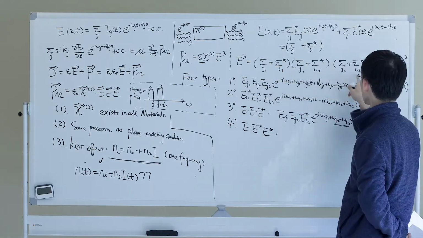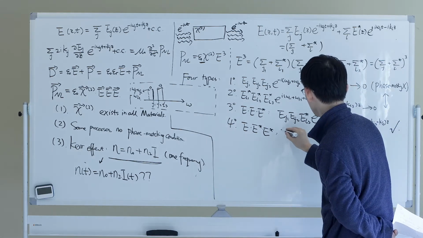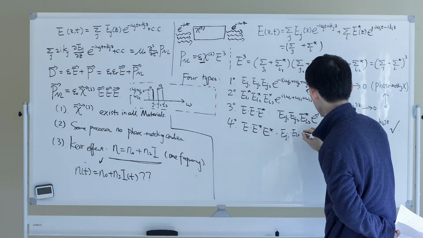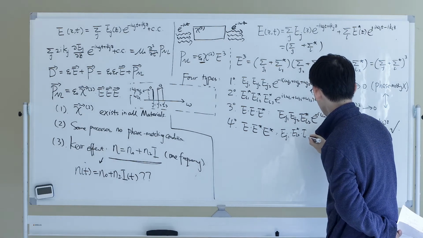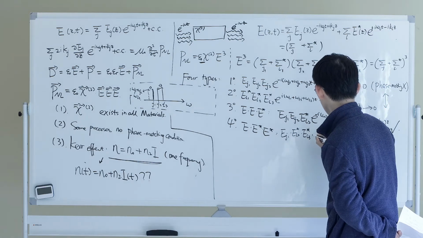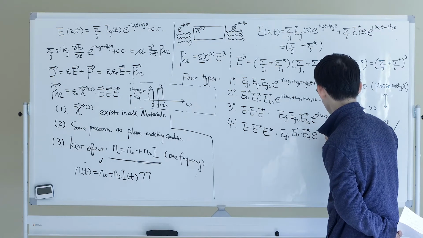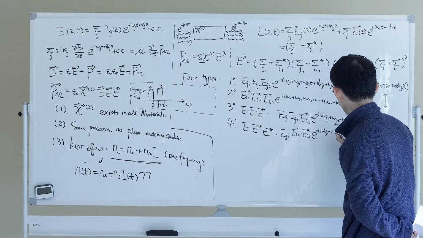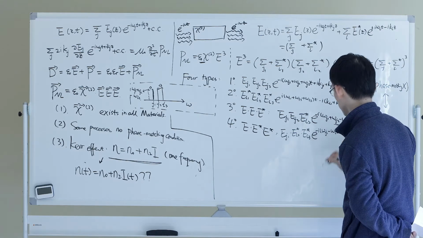The other two are conjugate. Then you get EJ1, EL2, EL3, e to the minus i, omega J1 minus omega L2.